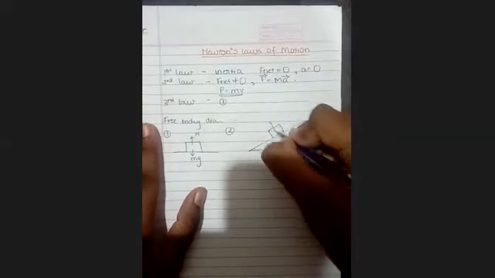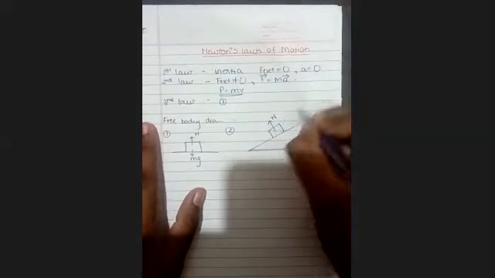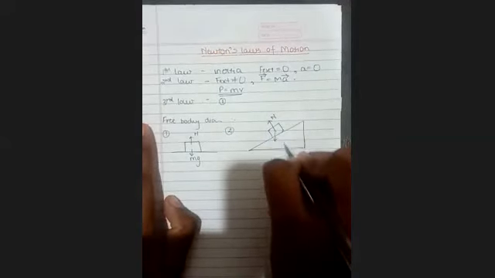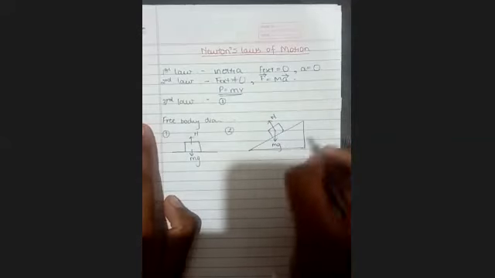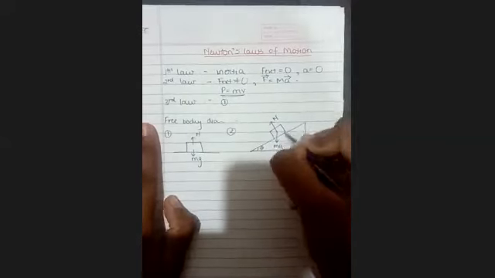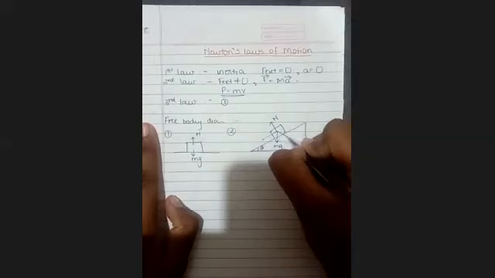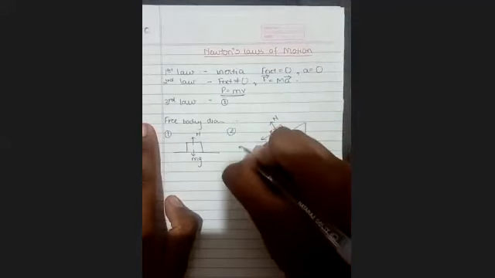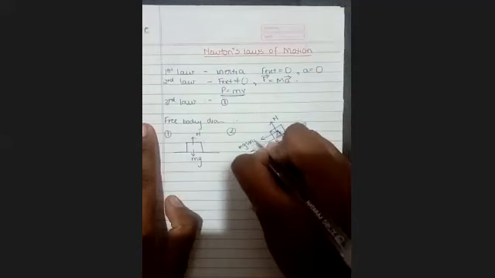So this is our contact. So the normal reaction will always be perpendicular to the contact surface. And mg will always be downwards. So if this is theta, if we divide it in components, this will also be theta. This will be mg cos theta, and this will be mg sin theta.